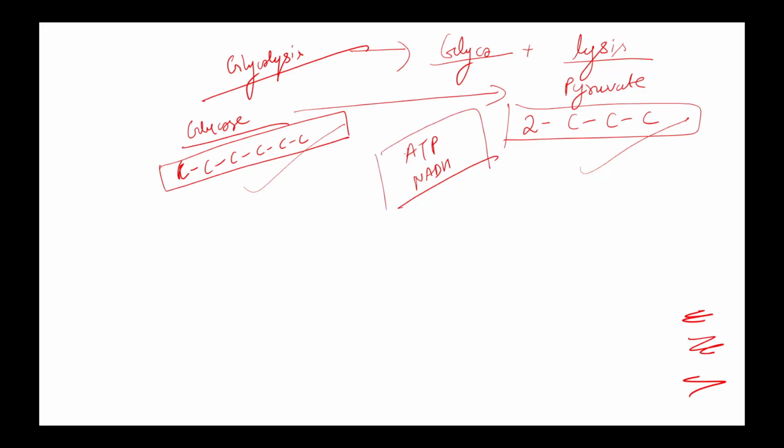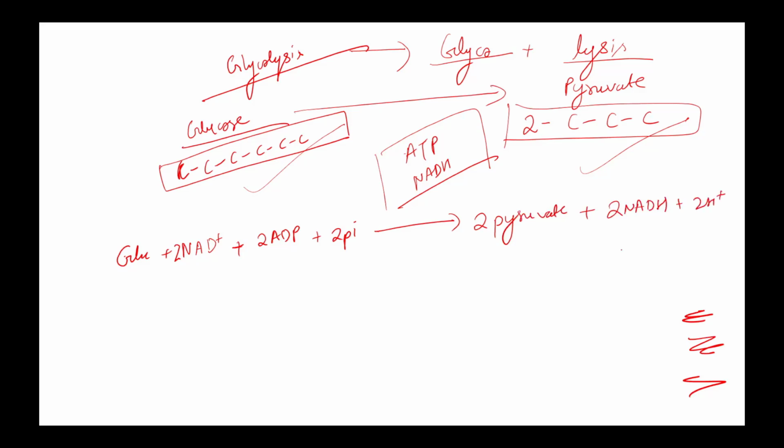If I write the entire reaction, the net reaction is glucose plus NAD plus, and this came from 2 ATP, which will generate 2 pyruvate molecules, 3 carbon molecules, 2 NADH and 2 ATP.